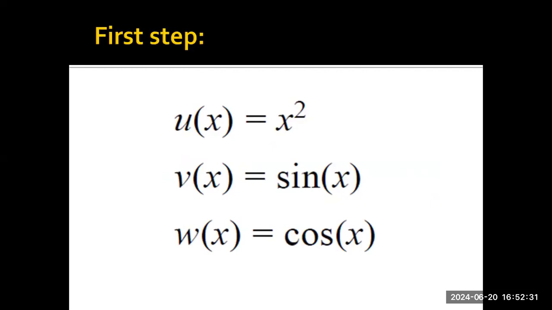The second factor can be represented by the variable v of x, and v of x is equal to the sine value of x. The third factor can be represented by the variable w of x, and this third factor is equal to the cosine value of x.